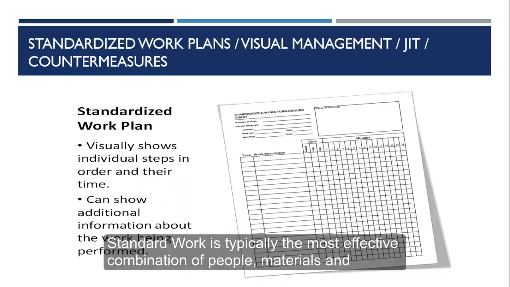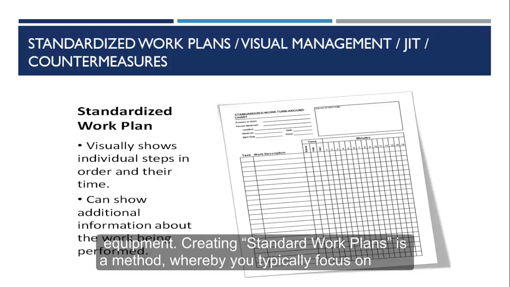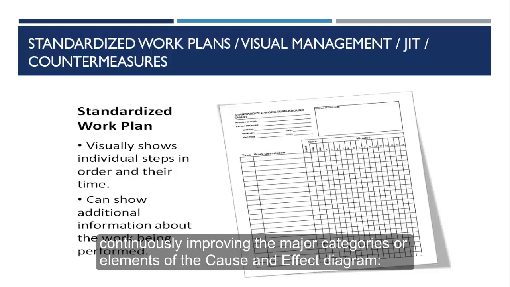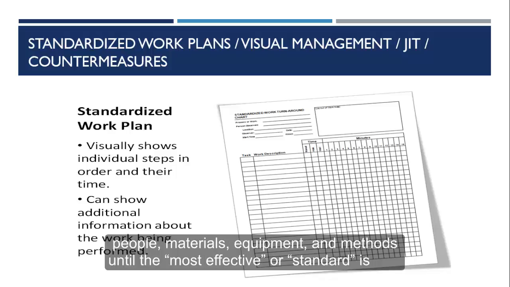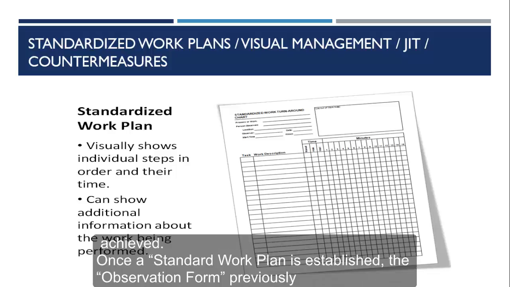Standard work is typically the most effective combination of people, materials, and equipment. Creating standard work plans is a method whereby you typically focus on continuously improving the major categories or elements of the cause and effect diagram, people, materials, equipment, and methods, until the most effective or standard is achieved.